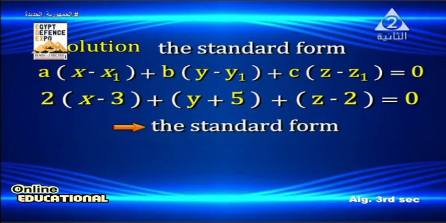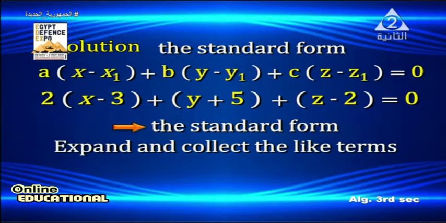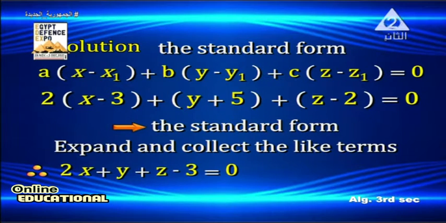But for the general form, by expansion, 2x minus 6 plus y plus 5 plus z minus 2 equals 0. By expansion and collecting the like terms, we deduce that 2x plus y plus z minus 3 equals 0. This is the equation of the plane, but the first is called standard, and the second is called general. Then we deduce that the general equation is found from the standard form of the equation of the plane.